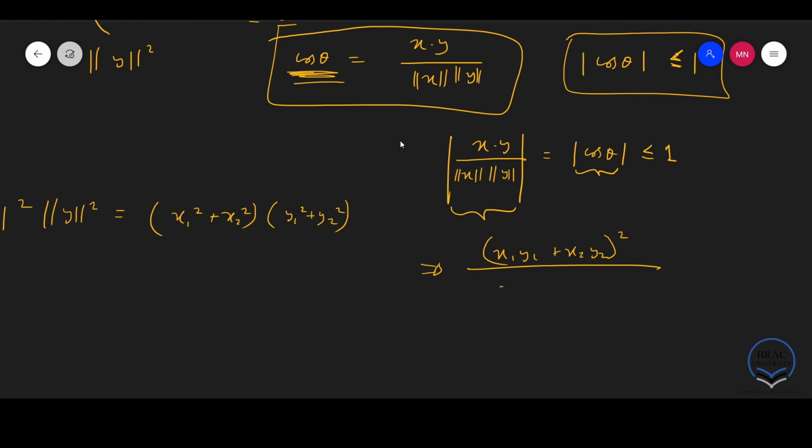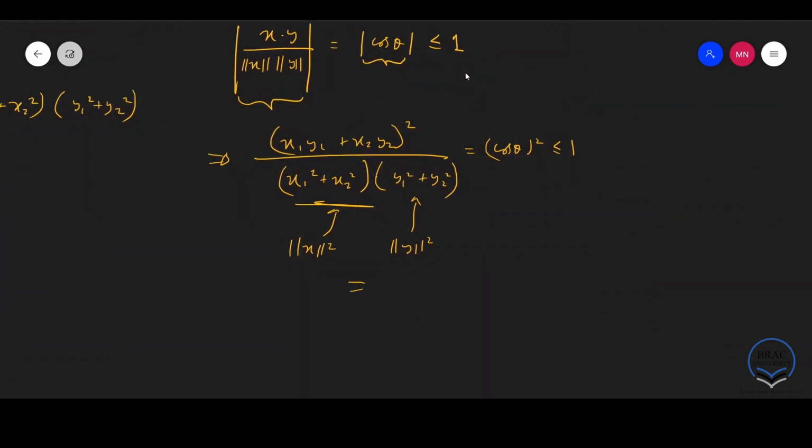And we know that this will be x1 squared plus x2 squared, right? This is the magnitude of x squared times y1 squared plus y2 squared, and this is the magnitude of y squared, right? And this is equal to cosine of theta squared, and this must be less than or equal to 1 squared, which is just 1, right?